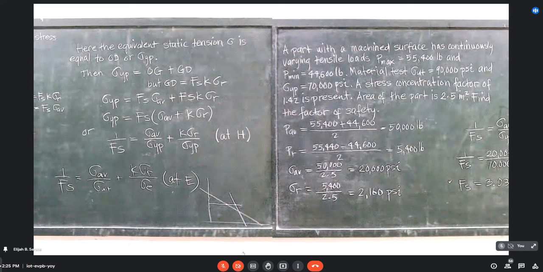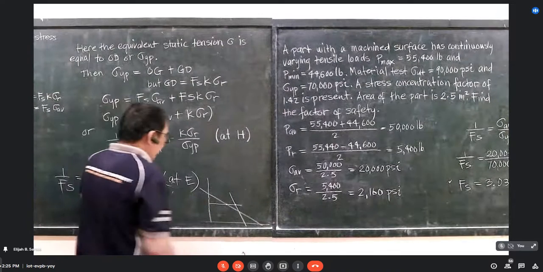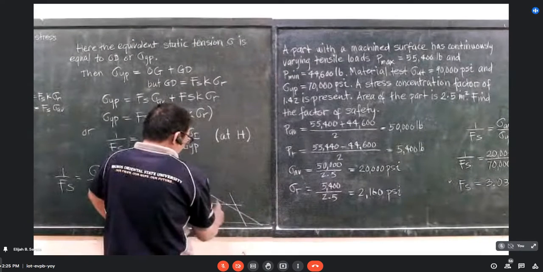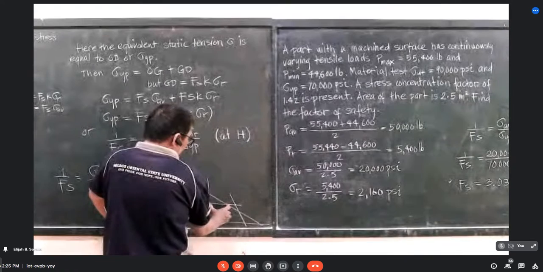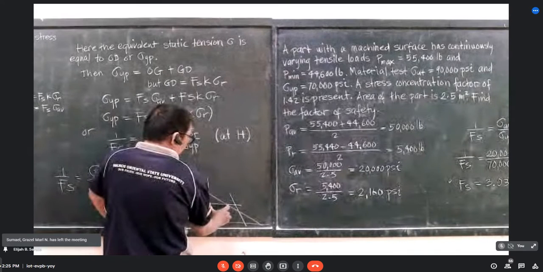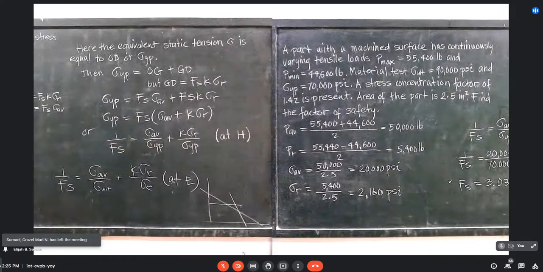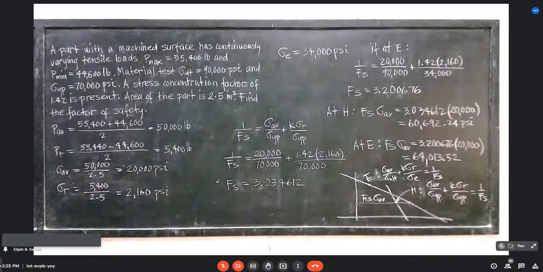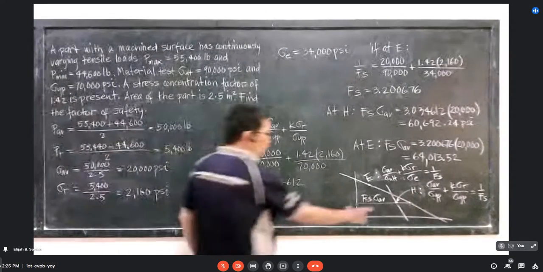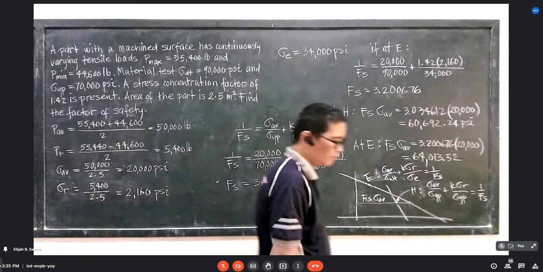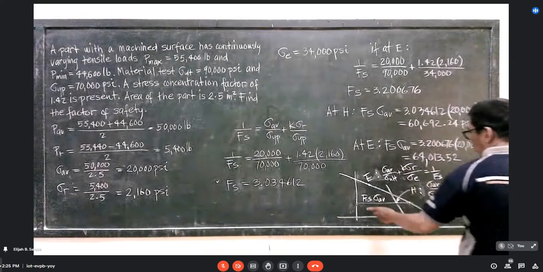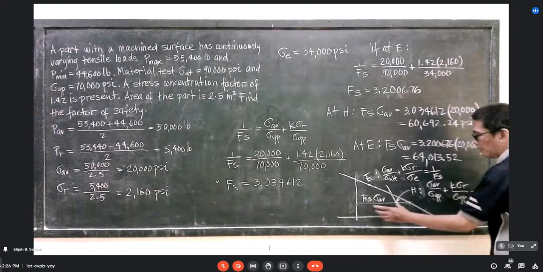So basically, what we look for in any case is the lower factor of safety. The lower factor of safety average.